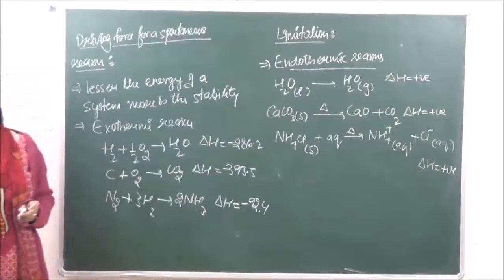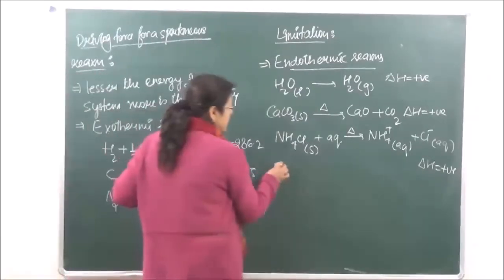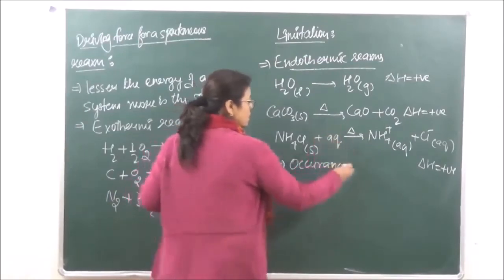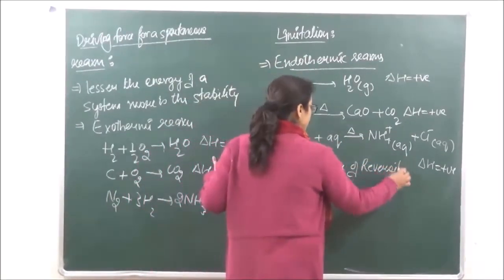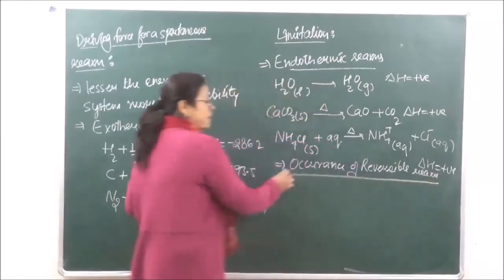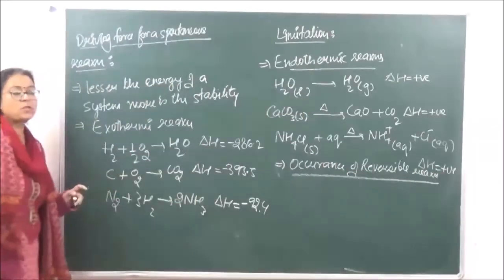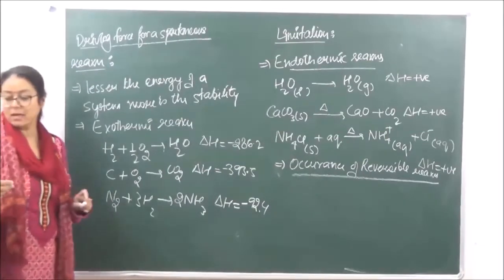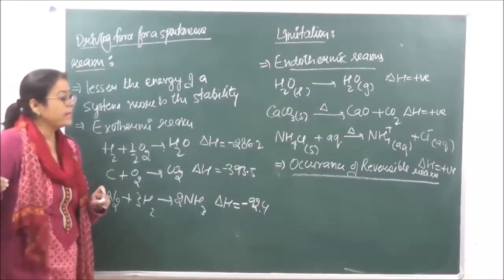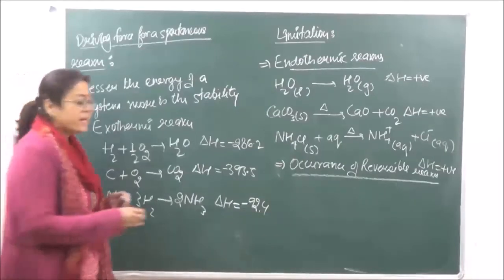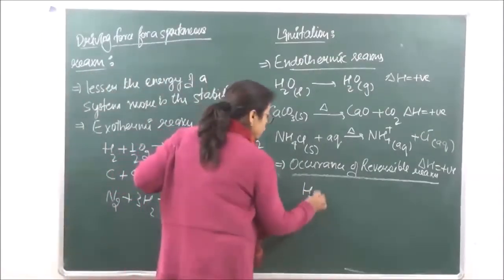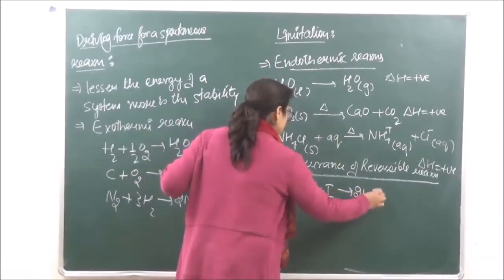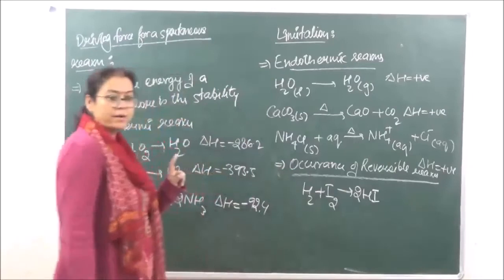Second is occurrence of reversible reactions. This is the second limitation. There are many reactions which may be exothermic in the forward direction, but they are endothermic in the reverse direction. Okay? Just for example, if you are taking the formation of hydrogen iodide over here.